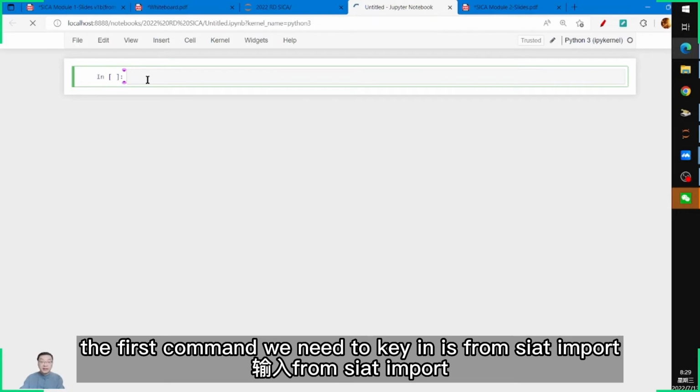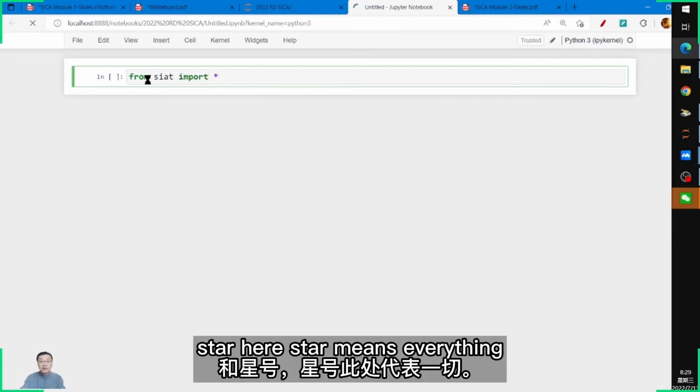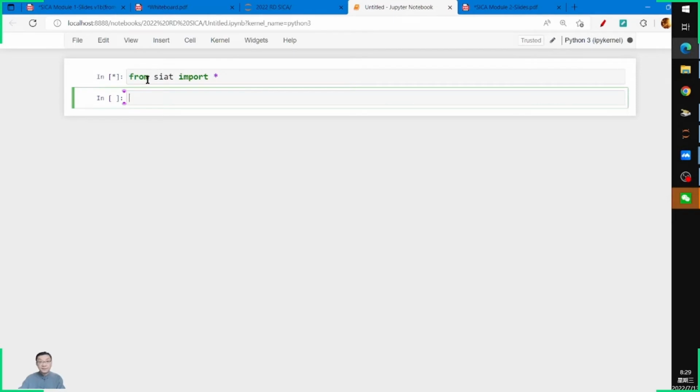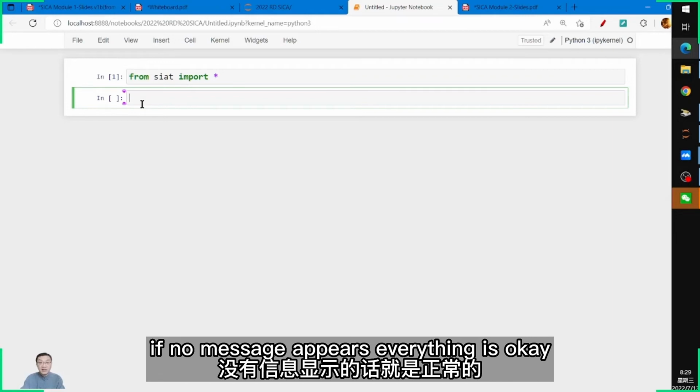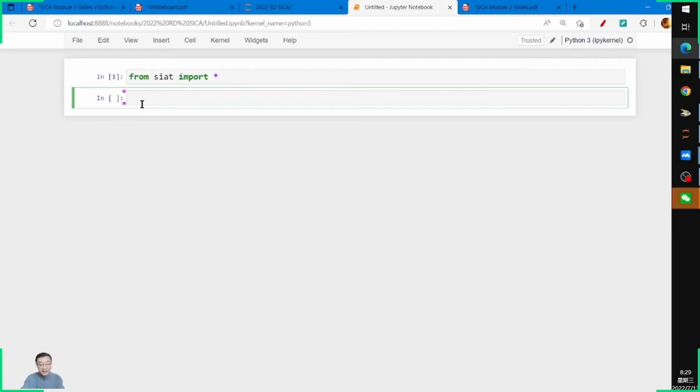The first command we need to key in is from CHEN import star. Here star means everything. We have a star here as well. This star means the command is being executed by Python. If no message appears, everything is okay.